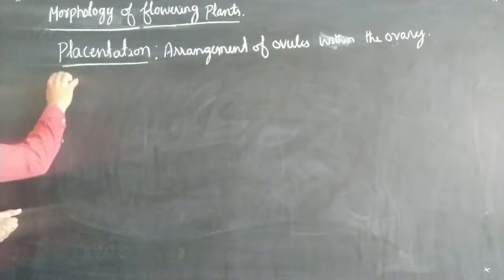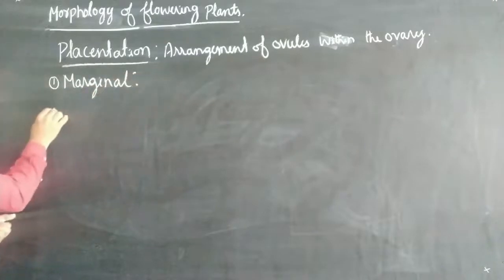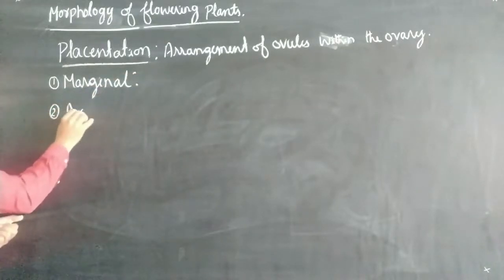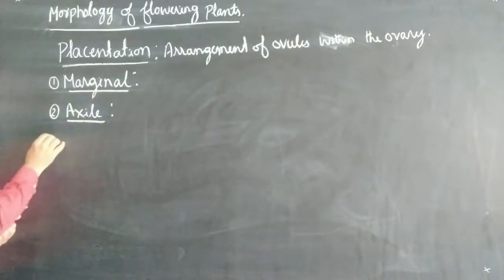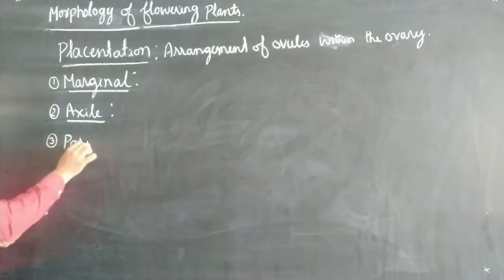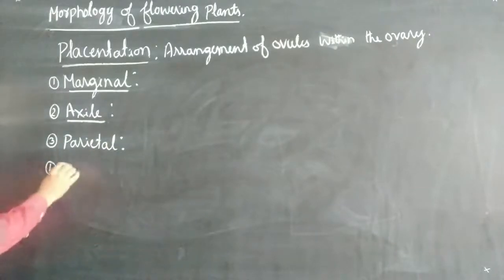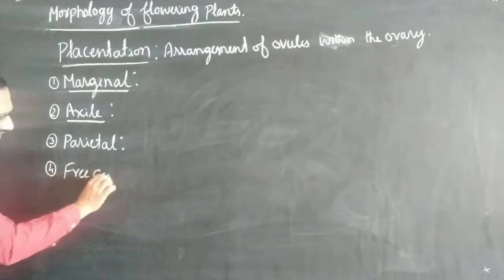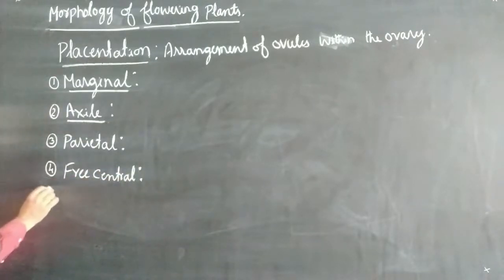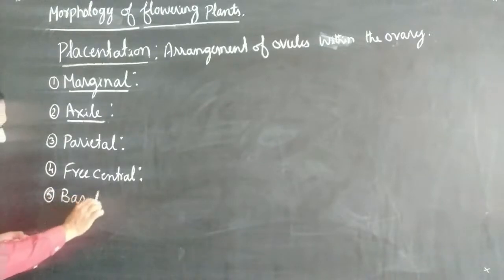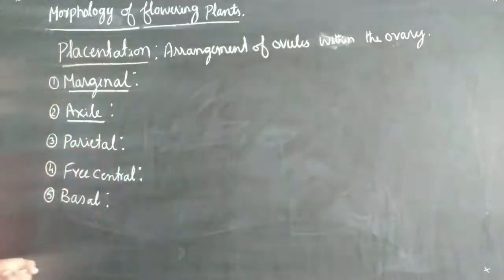One is called marginal placentation, then axial placentation, then parietal placentation, then free central placentation, then lastly basal placentation. So these are the 5 major types of placentation that you can find in angiosperms.